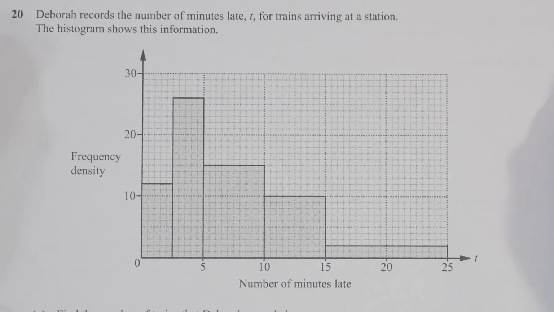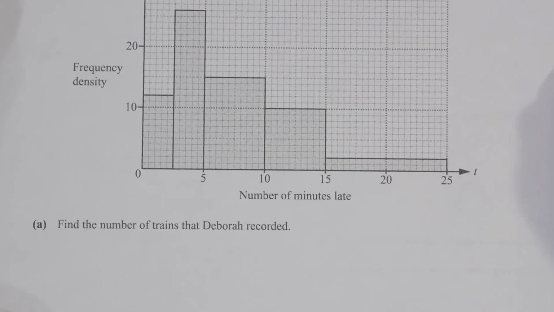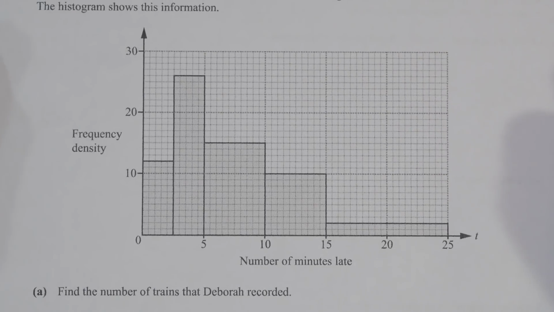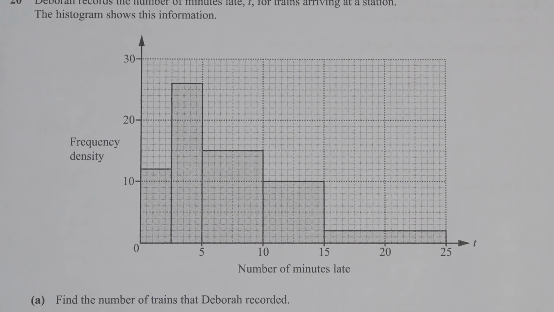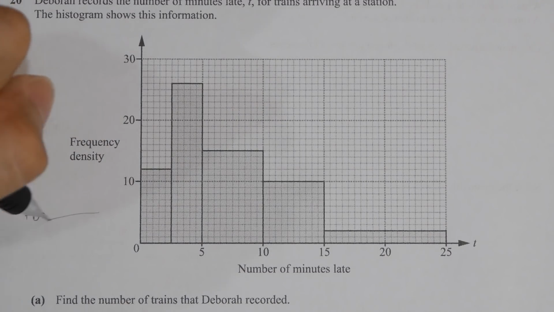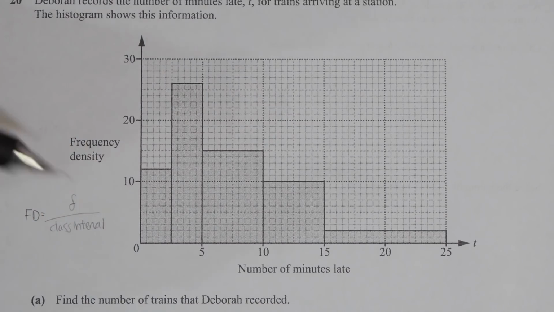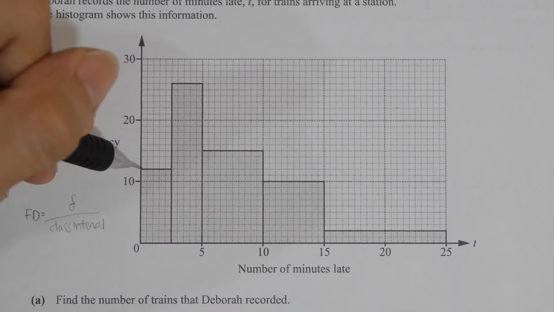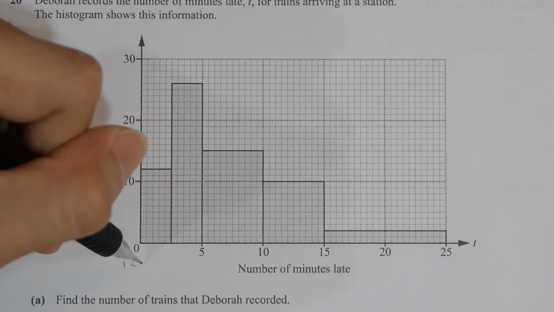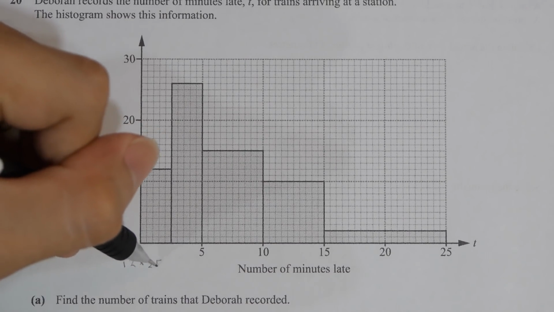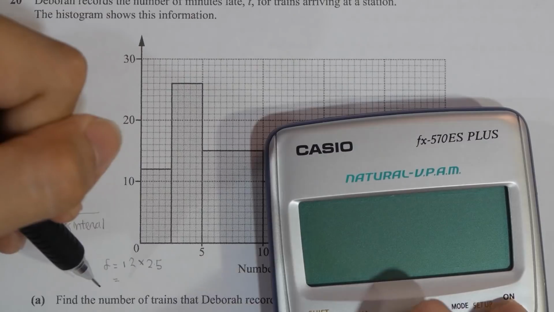So the next question is question 20. So this is actually another frequency density question. Okay, so you are required to take note that for you to find frequency, simply take the frequency density times the class interval. So after I run the calculation, I get that the total number of trains is actually 240.